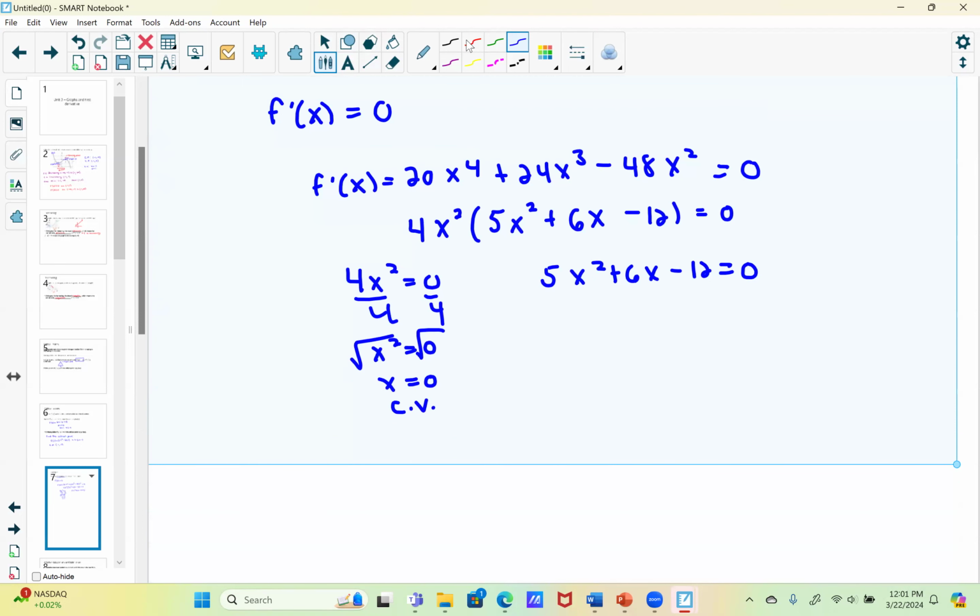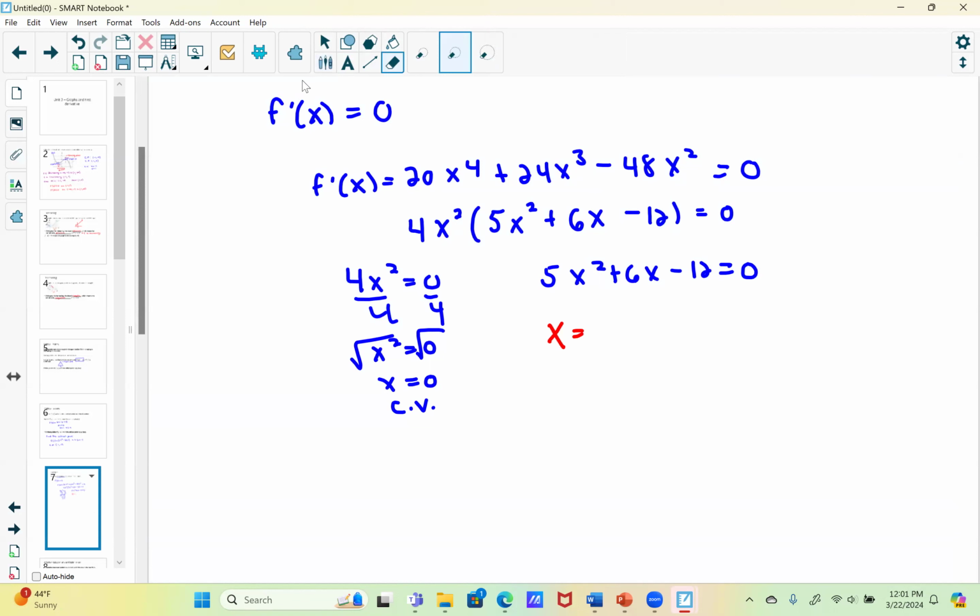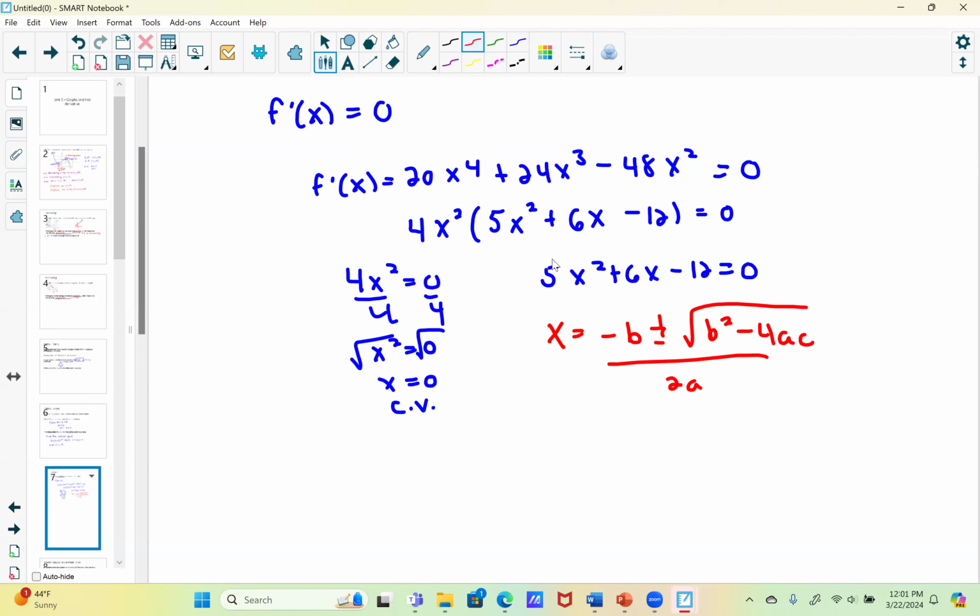So if I can't factor, we use the quadratic formula if the highest degree is a 2. So the quadratic formula again is negative b plus or minus the square root of b squared minus 4ac all over 2a.